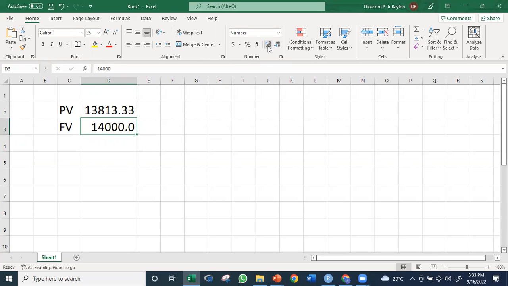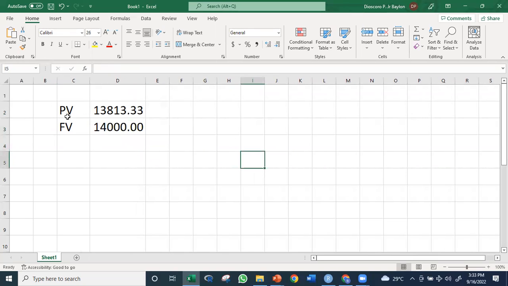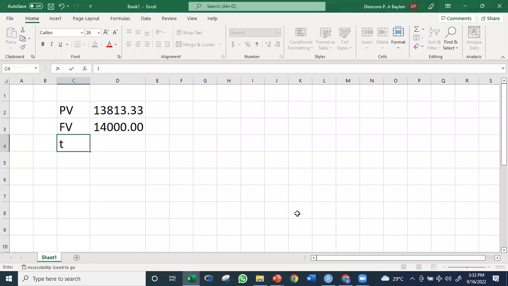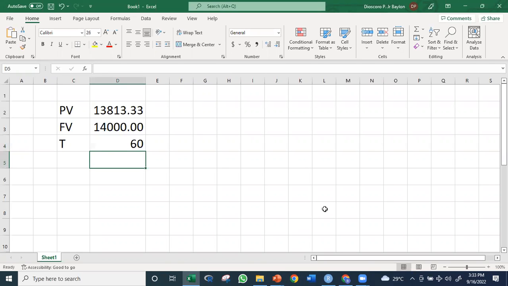Yung ginawa natin kanina, let me just present you. So this was the amount that we borrowed. Technically, ito lang hiniram natin, kasi ito lang binigay sa atin, 13,813. And then, ang babayaran natin is 14,000. Yung time natin is 60, which we will have to divide by 360.